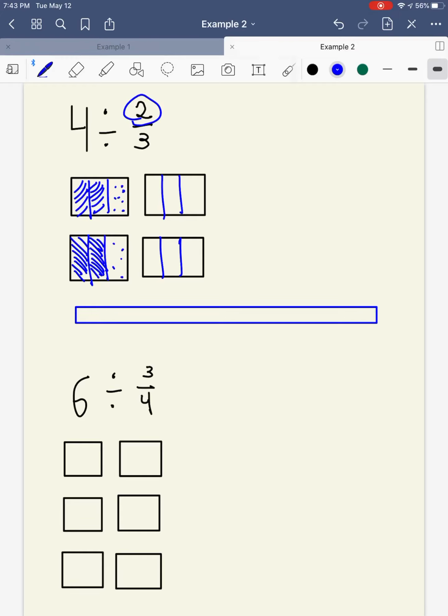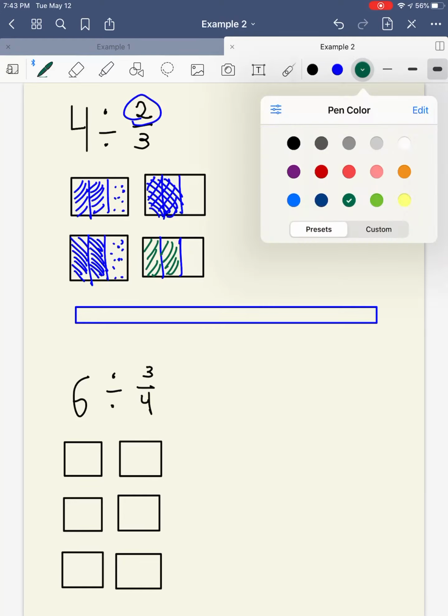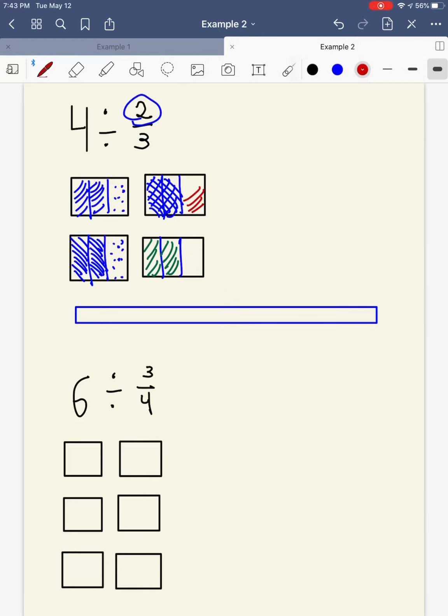I'll do polka dots for these 2/3. So there's another group. I'll cross-hatch these, I guess. So there's 2/3. You know what, I'm going to use a different color. That would always work too. There's 2/3. And here's 2/3.